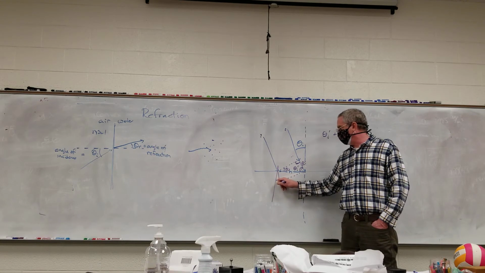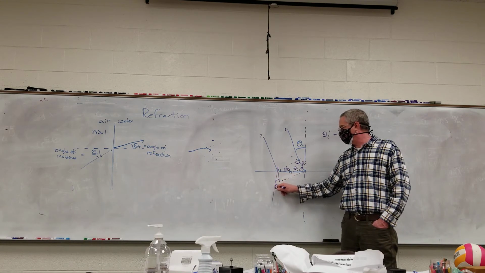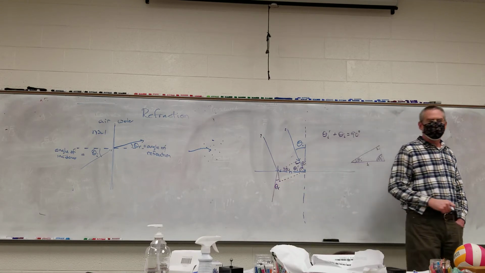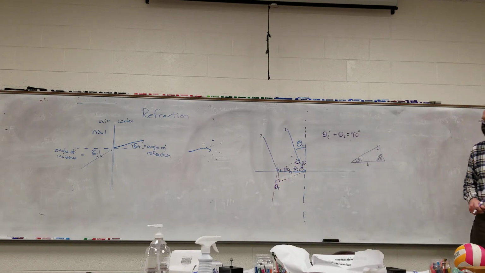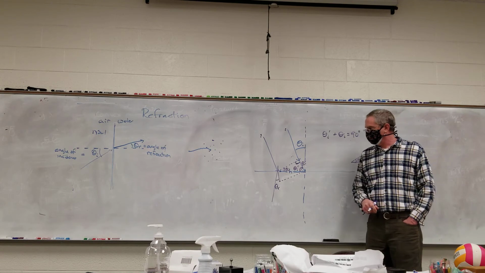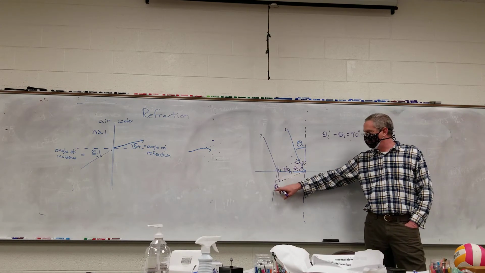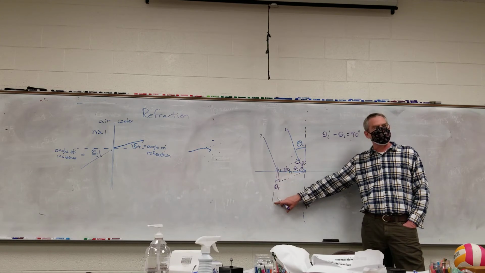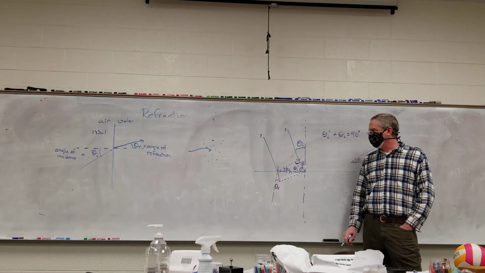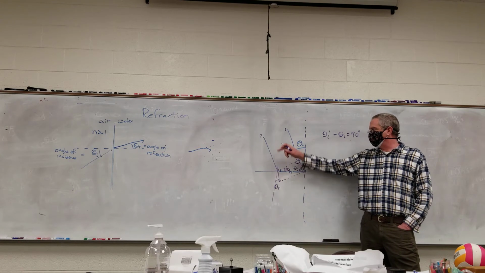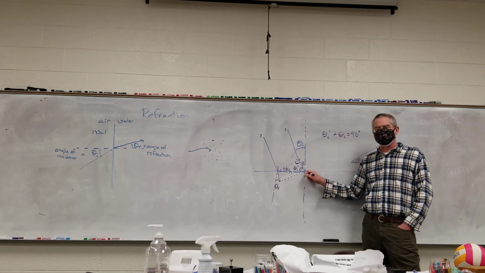And this angle right here is theta sub r, the angle of refraction, because it bends. Is that left leg of that angle perpendicular to the surface? This is perpendicular to the surface. Okay. Yeah. So the first photon, number 1, has gotten to here by the time the second one actually hits the surface.